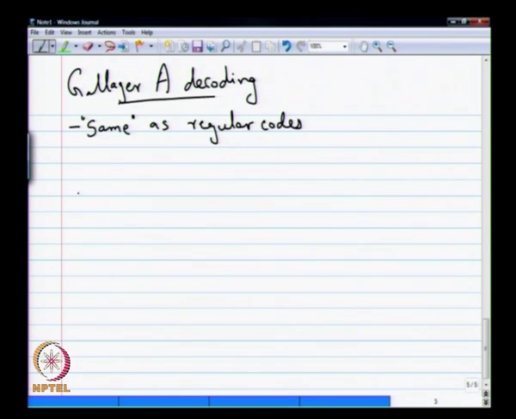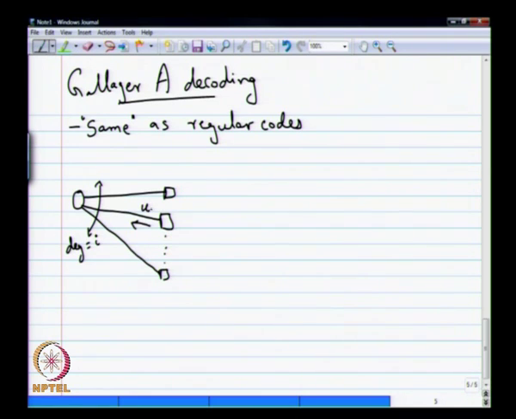So, how will this look? You have a bit node which is connected to, let us say, I check nodes, so the degree here is I. What would have happened in the L minus 1th iteration? You would have got, if I remember right, I called it U1 L minus 1, U2 L minus 1, and so on all the way down to U I L minus 1.